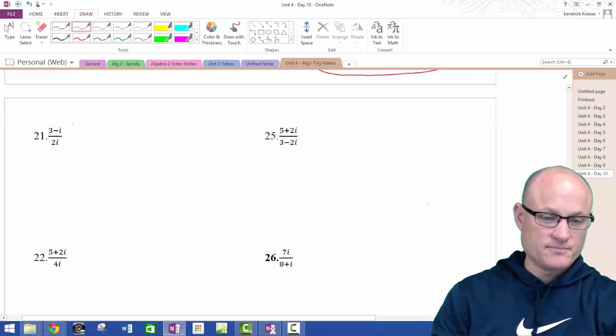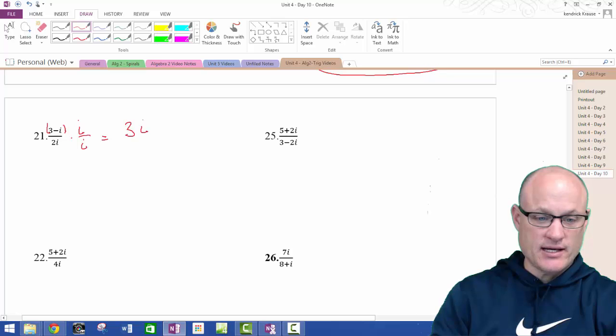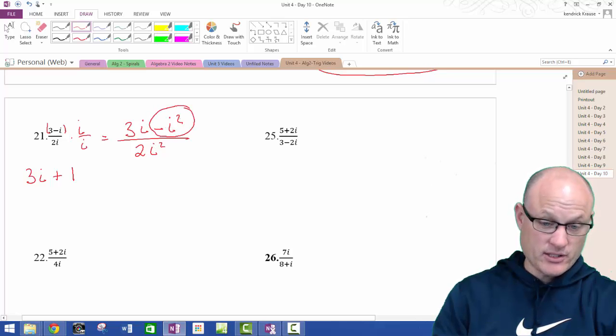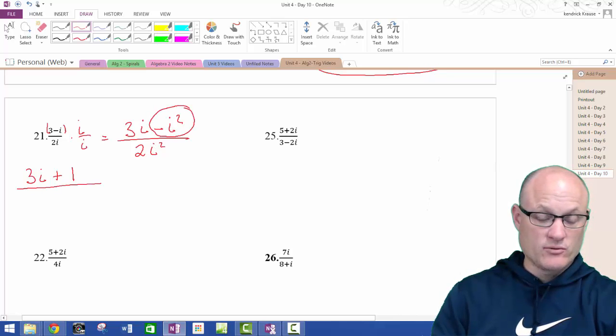All right, here we go. We're going to multiply by i over i. So in the numerator, I get 3i minus i squared all over 2i squared. So I get 3i plus 1, because remember, this is minus 1, so that's plus 1, all over negative 2.